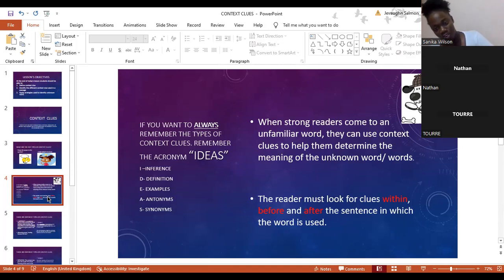So when a strong reader comes to an unfamiliar word, they can use context clues to help them determine the meaning of the unknown word or words. Nathan, and is it Torre? Yes, miss. All right. So honestly, do you guys normally read? Do you enjoy reading? No, miss.